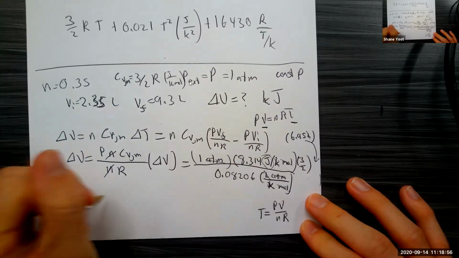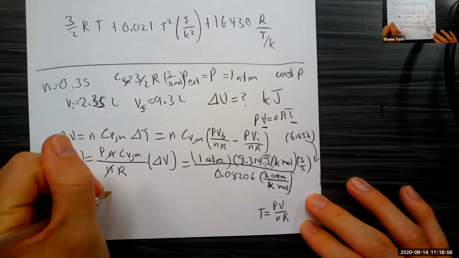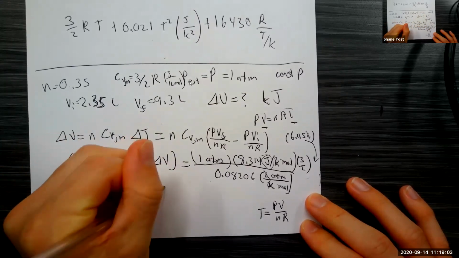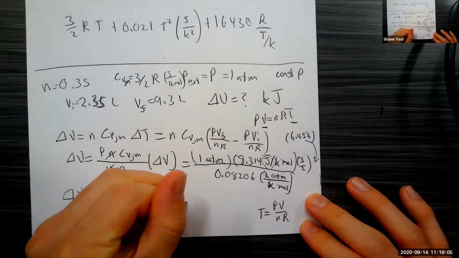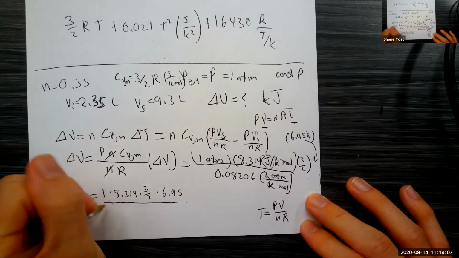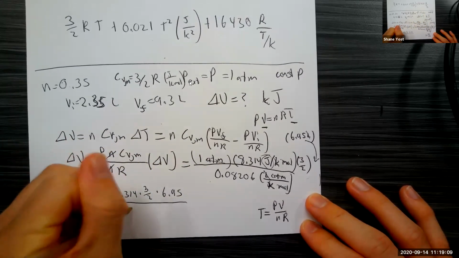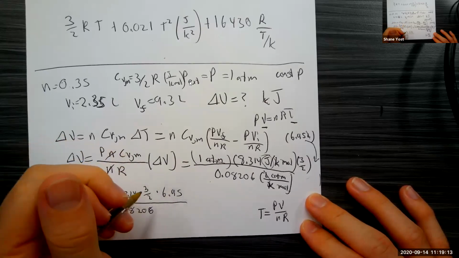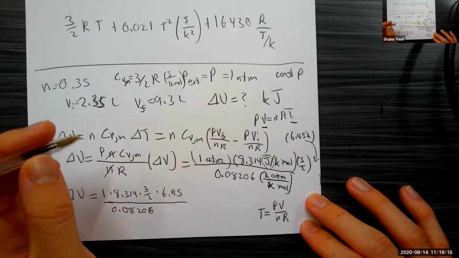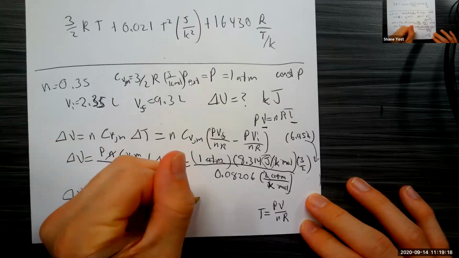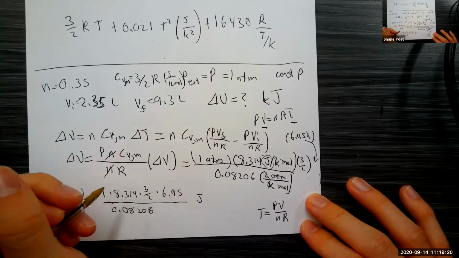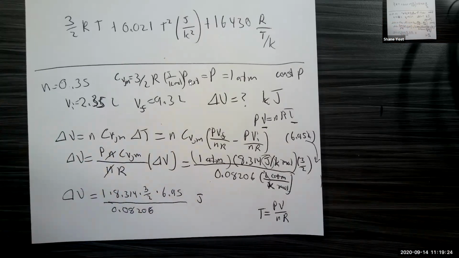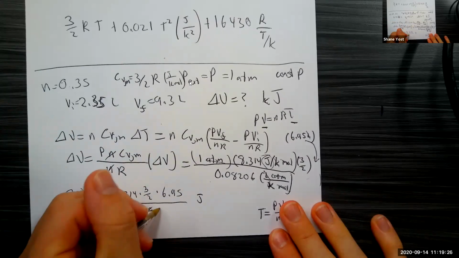So delta U is 1 times 8.314 times 3 halves times 6.95 divided by 0.08206. This gives an answer in joules, and the final answer needs to be in kilojoules, so you divide this number by 1,000.